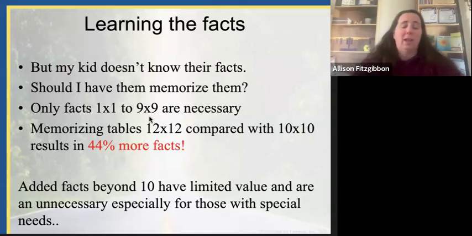When we create something like, hey, it's got to be 12 by 12, all of a sudden we've lost part of our audience. We've lost part of our students. But if we say, hey, if you know your twos facts, can you tell me what 12 times 12 is? Yes. If you know your sixes, can you tell me? Yes. If you know your threes, if you know your fours, all of those can get you to the same place.